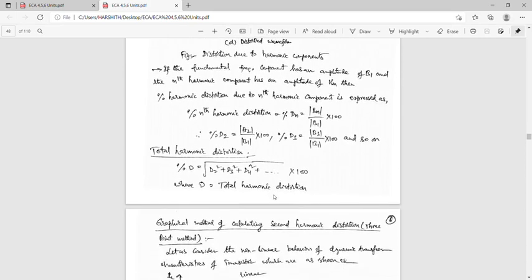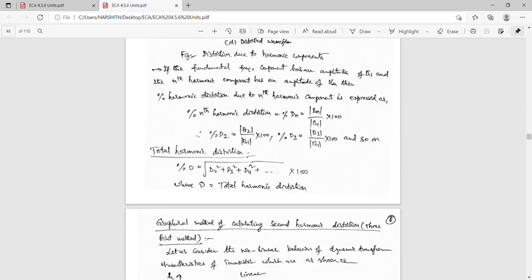If the fundamental frequency component has the amplitude B1 and the nth harmonic component has the amplitude Bn, then the percentage harmonic distortion due to the nth harmonic component is expressed as Dn equals Bn by B1 into 100.